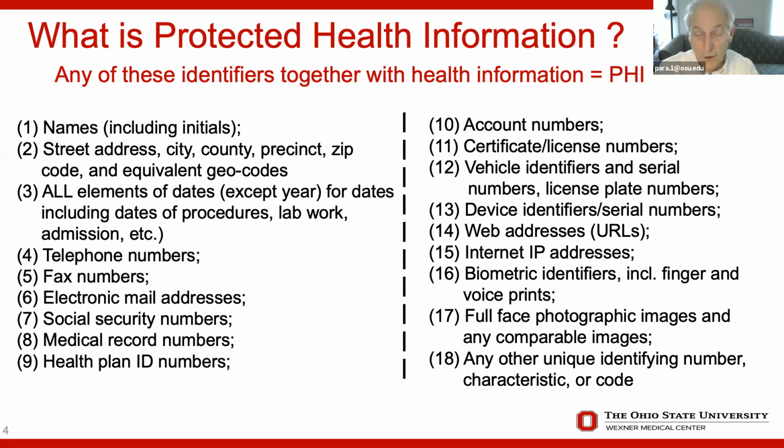They could identify you. So it's really identifiers and health information combined. That's what's considered protected when the health information is combined with an identifier. So there are 18 of these.